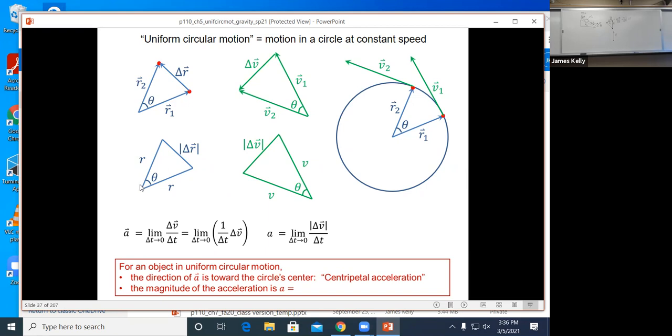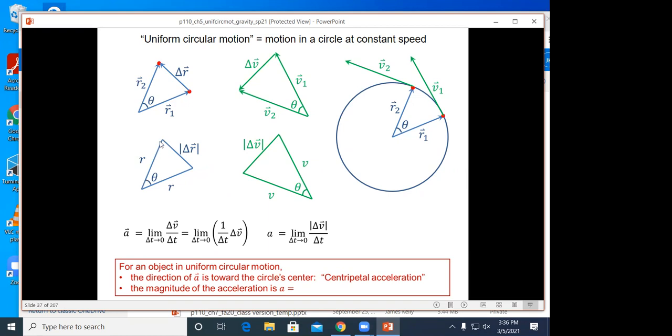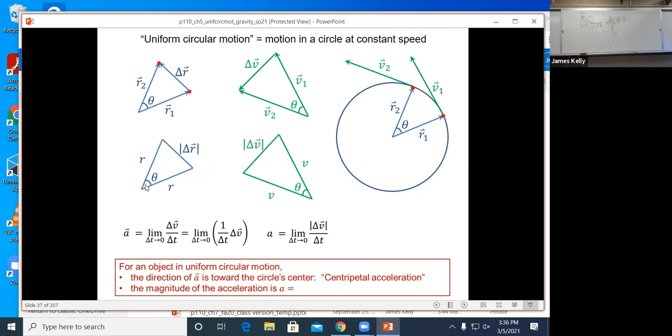Now, if you have two isosceles triangles, triangles that have two sides of the same length like this, and they have the same angle in between those two equal length sides, that's one case of triangles that are called similar. Similar triangles means one is just kind of an inflated version of the other.